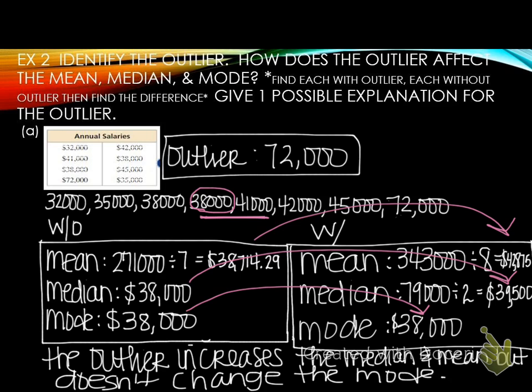All right, so you see now, if I give you this as a homework problem, it takes a little bit of time to do it. But you got the outlier, you found the mean, median, and mode without it, you found the mean, median, mode with it, and then you compared. There was an increase. The outlier increases the median and the mean, but doesn't change the mode.